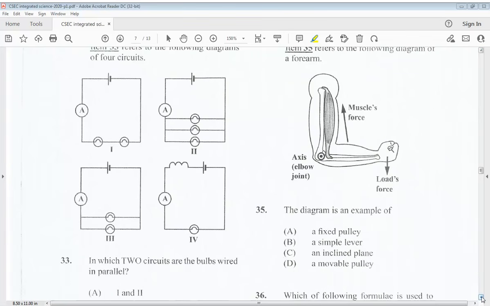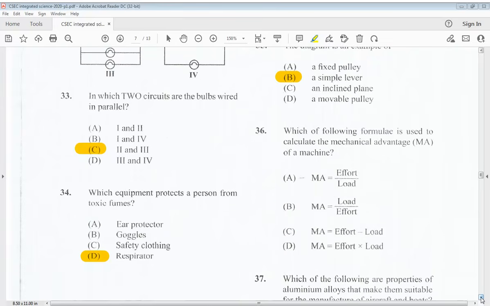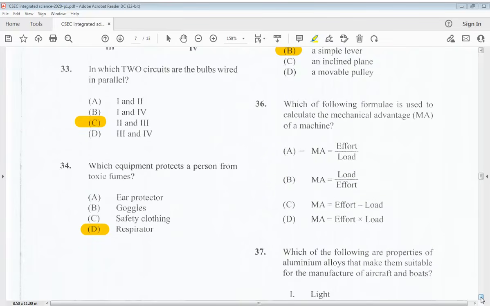So here we have the diagram of a forearm. So the diagram is an example of B. 36. You can go ahead and read that on your screen.